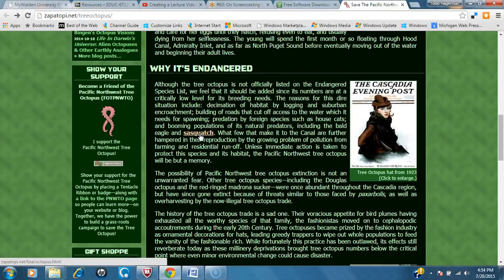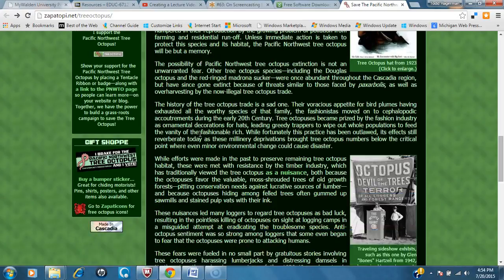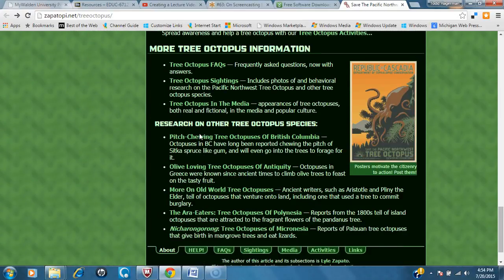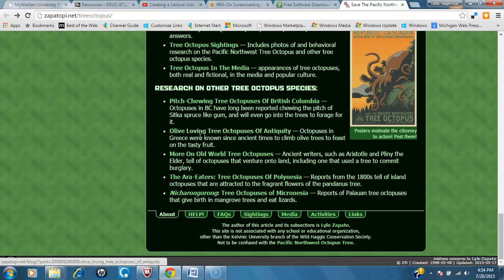This one is Sasquatch, which we know is not real, and it is saying that it is one of the reasons why the tree octopus is endangered. So that's kind of crazy, since we know that Sasquatch doesn't exist. So this is telling me that this web address is not a credible website.